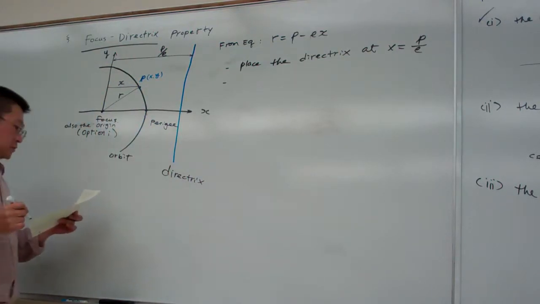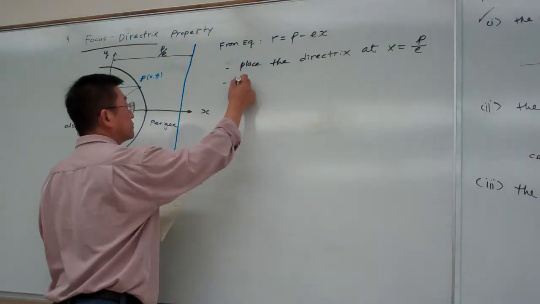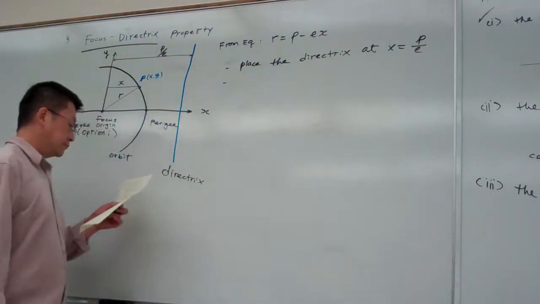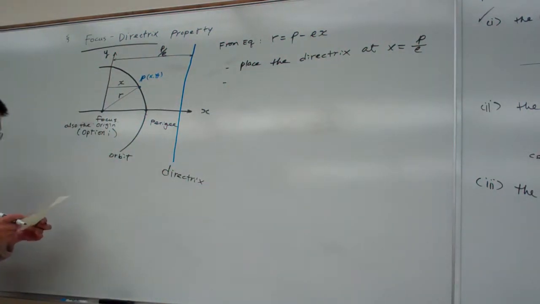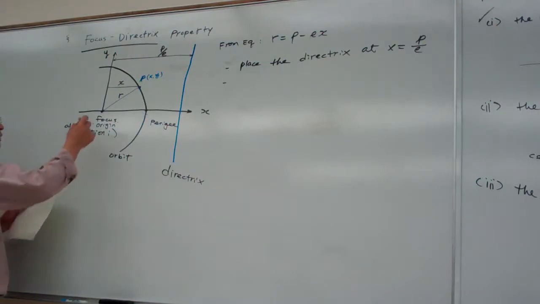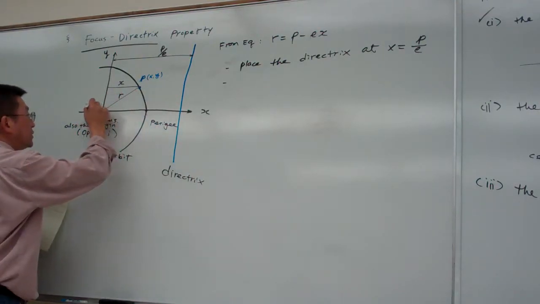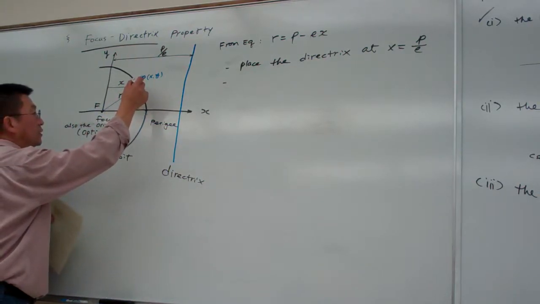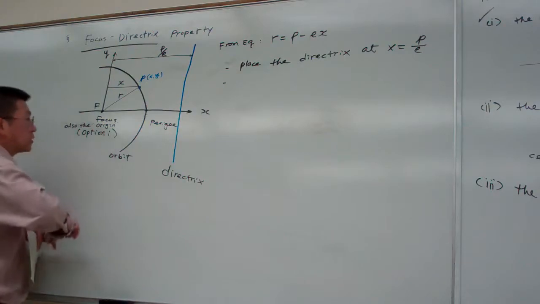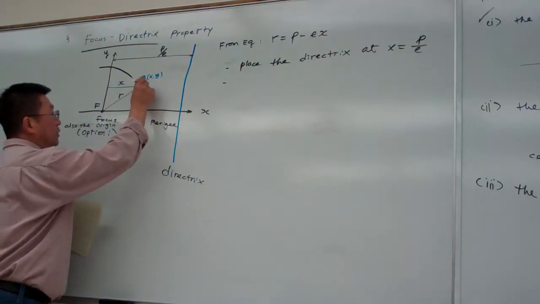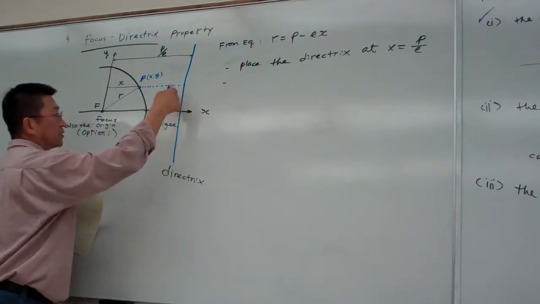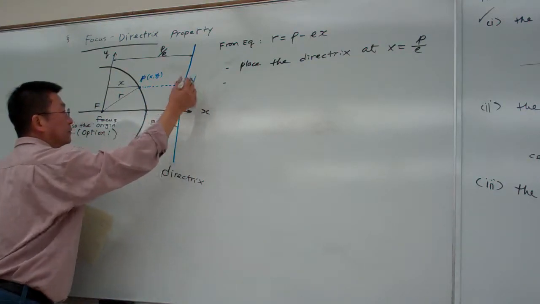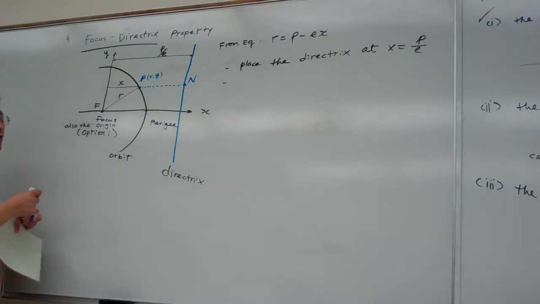Let me give the points. Say this is P and this is the focus point F. From P here, I project its location to the directrix, and let me call it N. So this is the projected point of P on the directrix.